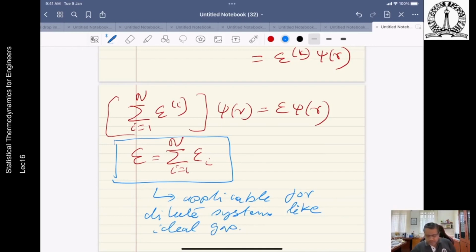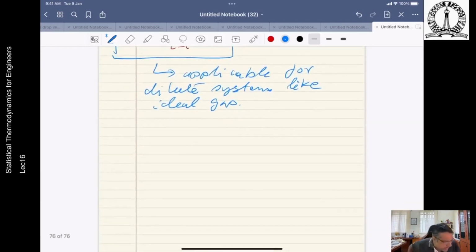Let's do a very quick recap. If you have a multi-particle system composed of n independent particles, and you look at the total Schrodinger's wave equation, then for a single particle we wrote it like that.